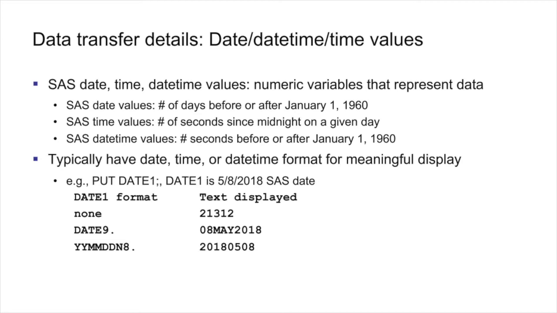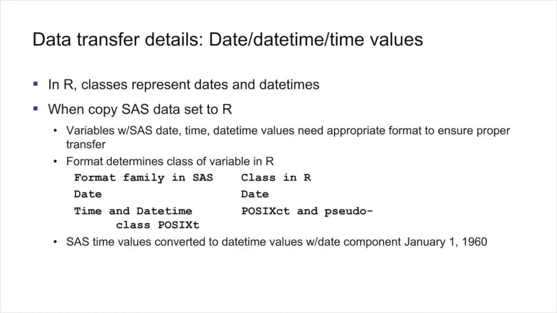Now, when we get over to this interface, it becomes essential for correct processing to associate formats with dates, times, and datetimes. And the reason is that when we copy SAS data to R, the interface is going to look at the formats to figure out what the thing is. In R, classes are going to represent dates and datetimes. So when the transfer takes place, when we copy SAS datasets to R data frames, if it sees a date format, it's going to give it a class of Date.